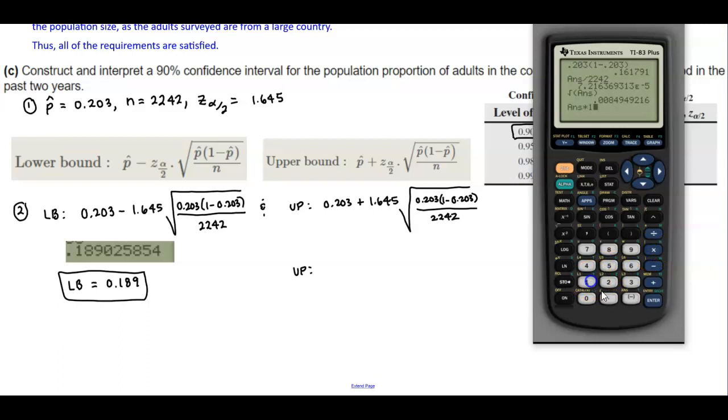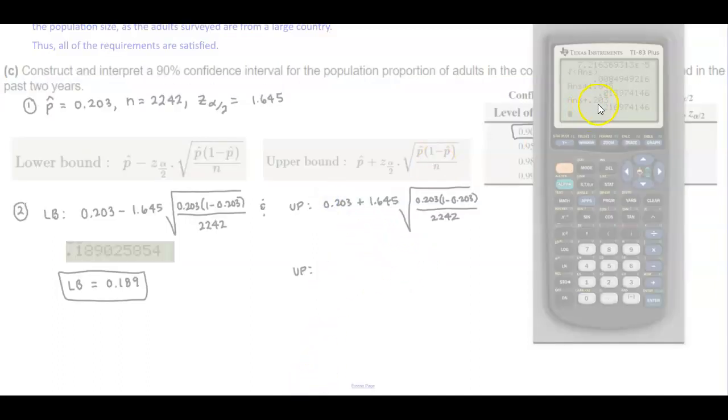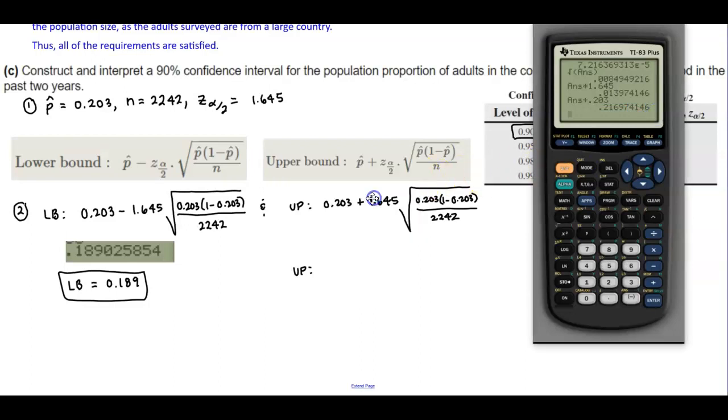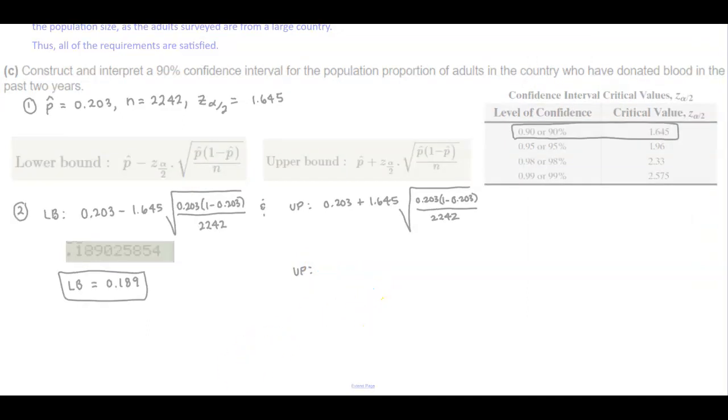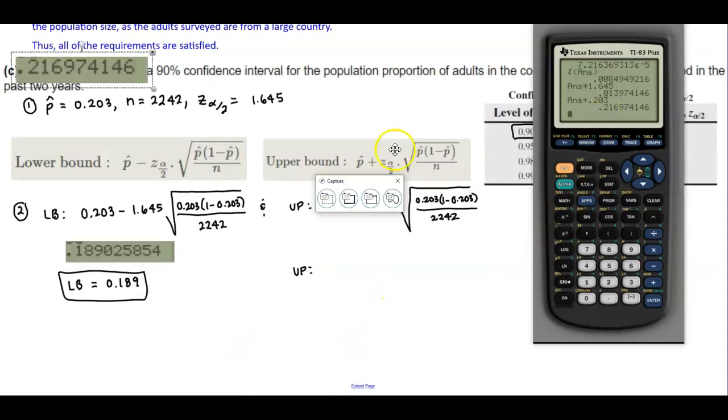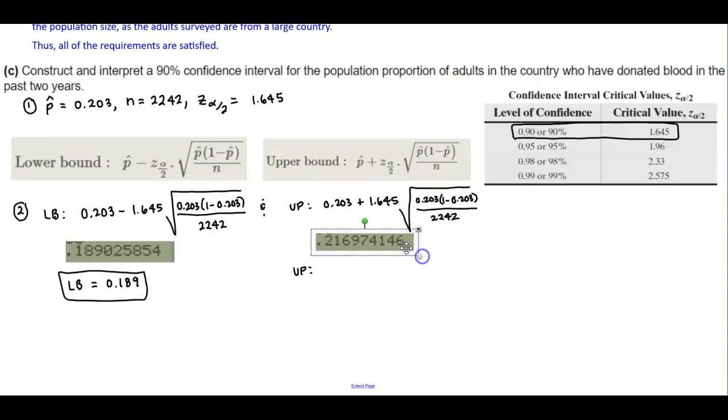Then we multiply that by 1.645 and add the 0.203. Let's round this number to 3 decimal places. So we know that the upper bound is going to equal 0.217.